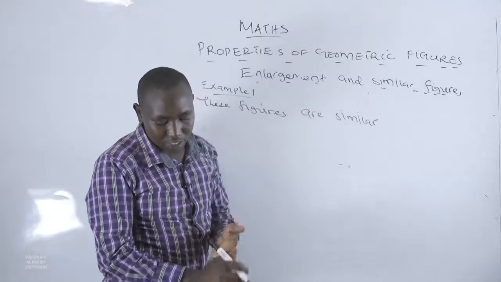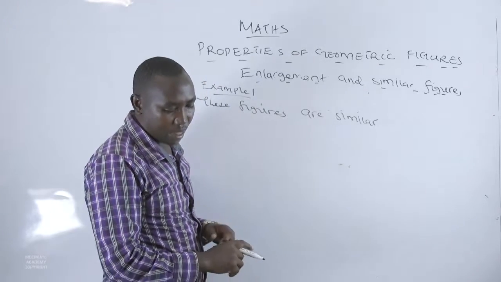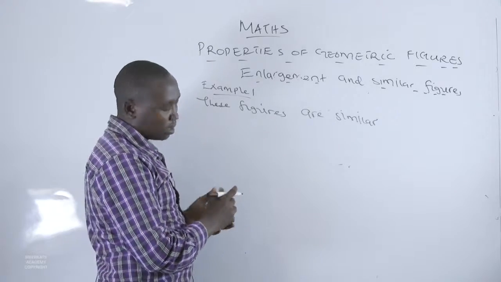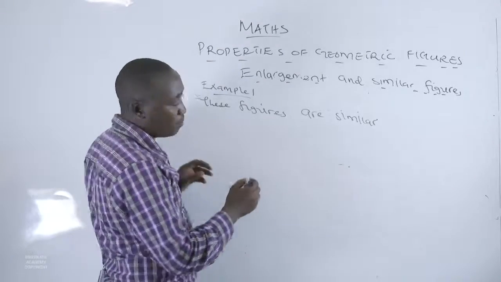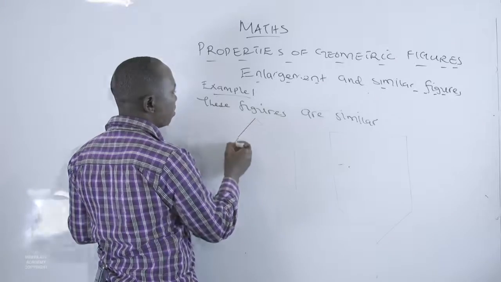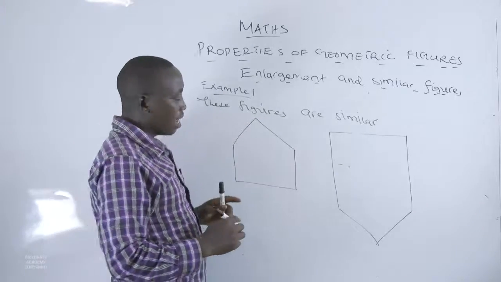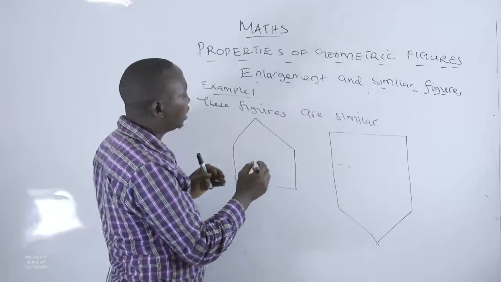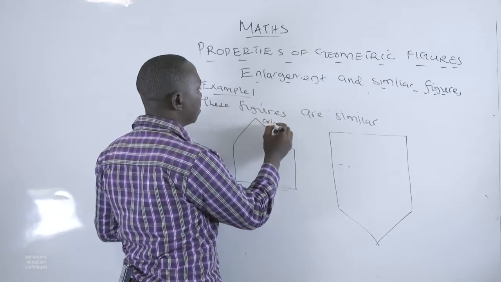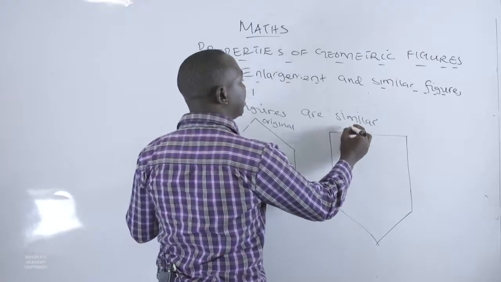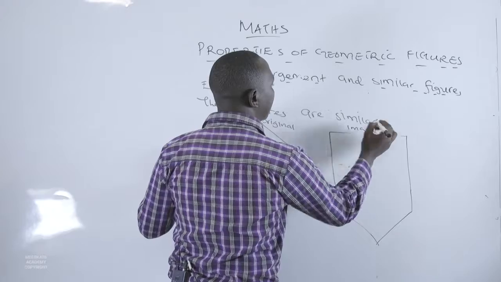So we are told that the figures below are similar. The first question is, let me first draw them. We are told that these two figures are similar and that this is the original, while this is its image.